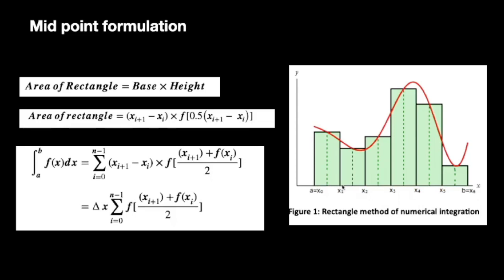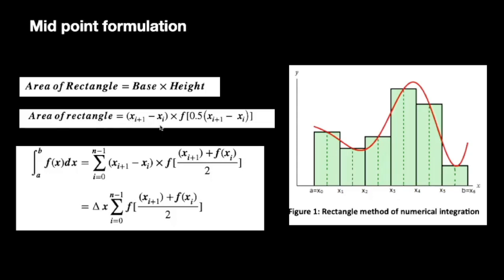So I know the width of the strips, I know the height of the strips. Once I know these two parameters, I can multiply them and I can get the area of each strip. So here the area of each rectangle is nothing but the width of the ith strip times the height.